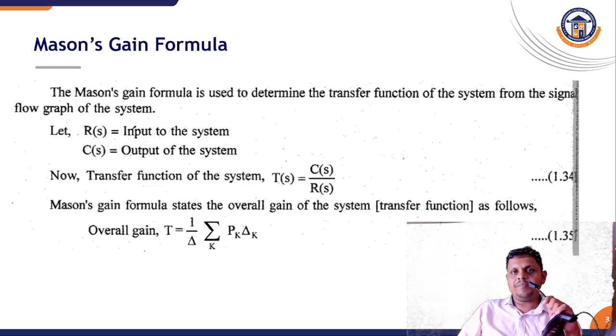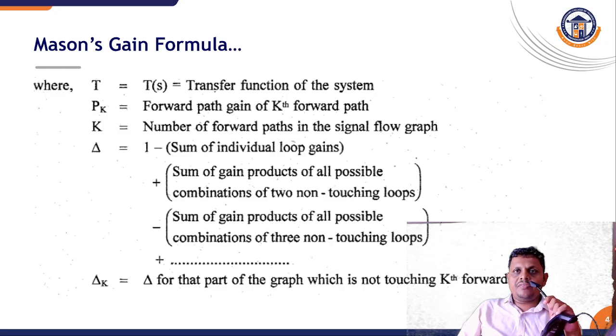Overall gain T equal to 1 by delta, summation of Pk delta k. This is Mason's gain formula to determine the transfer function, where T(S) is the transfer function of the system, Pk is the forward path gain of the kth forward path, and K is the number of forward paths in the signal flow graph.